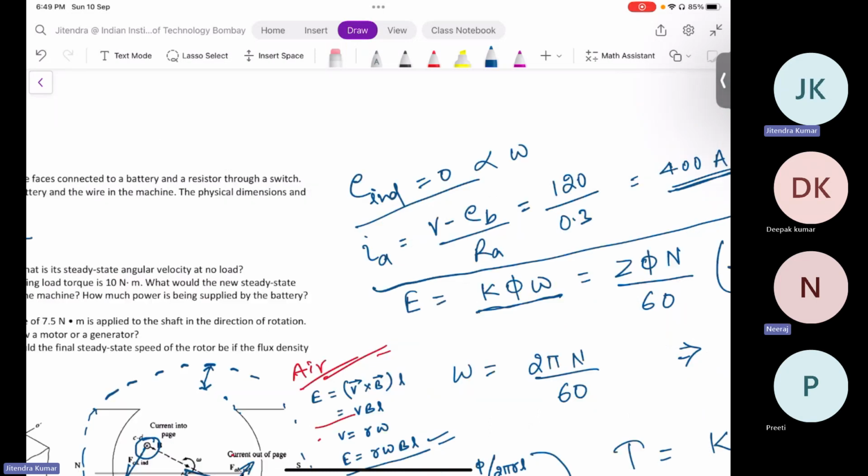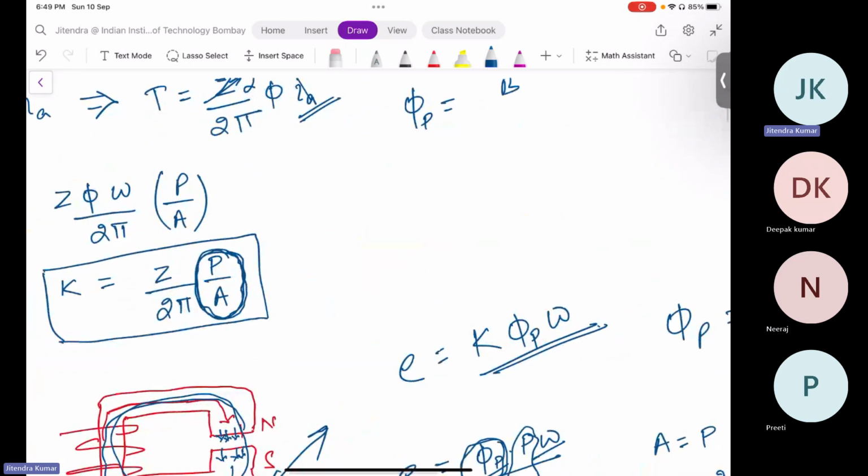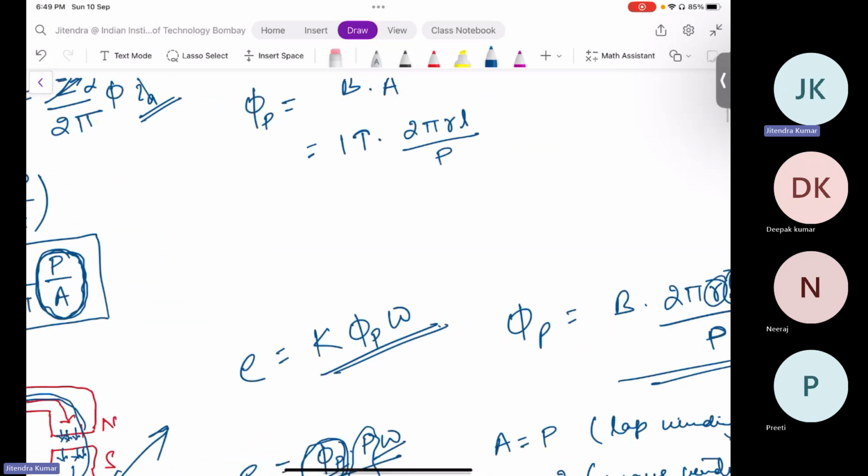So we were deriving the value of flux per pole, which is equal to B into area. B is given as 1 Tesla. Area we can compute as 2 pi RL divided by P, and here 2 into pi into 0.5 into 1 divided by 2.